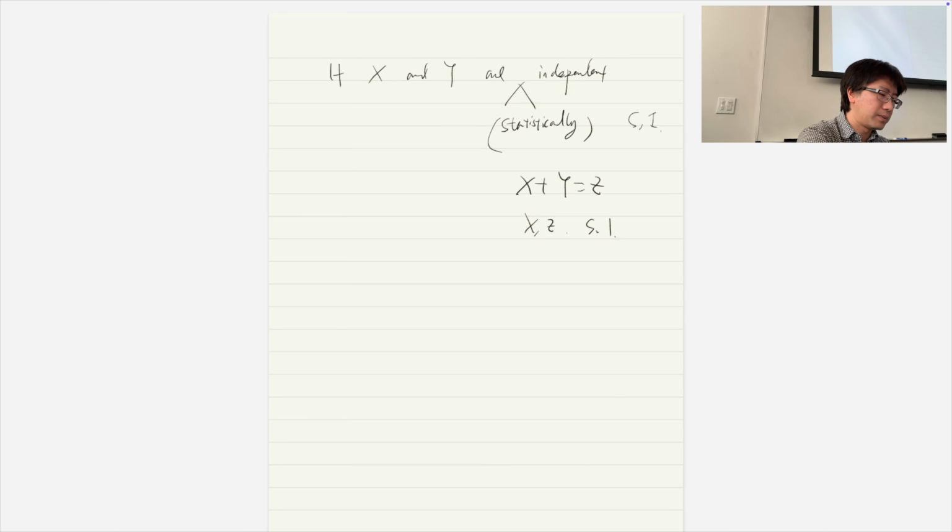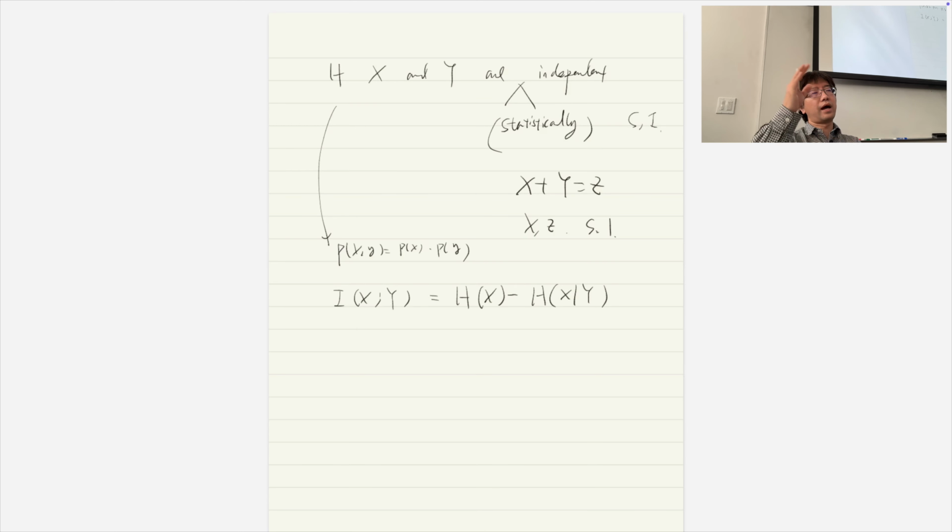By the way, this basically means that p(x,y) equals p(x) times p(y). This is what we mean by statistically independent. If that is the case, let's compute our mutual information. I(X;Y) equals H(X) minus H(X given Y).